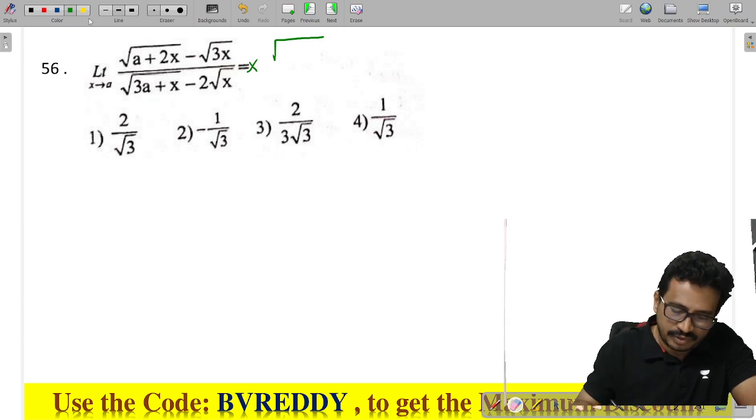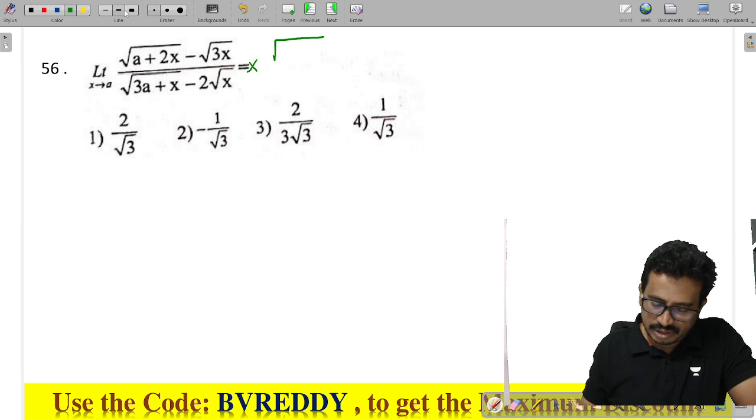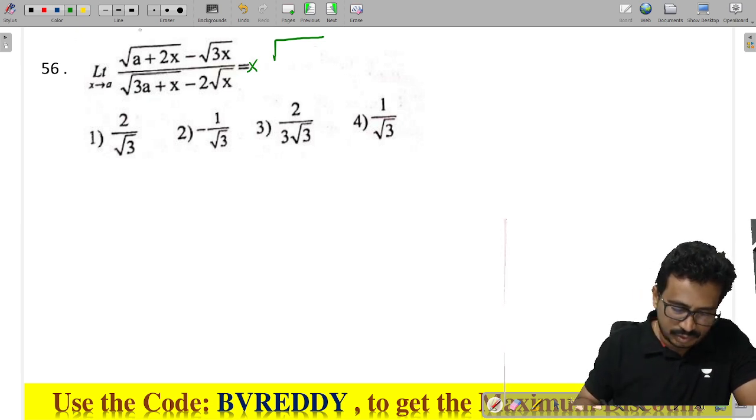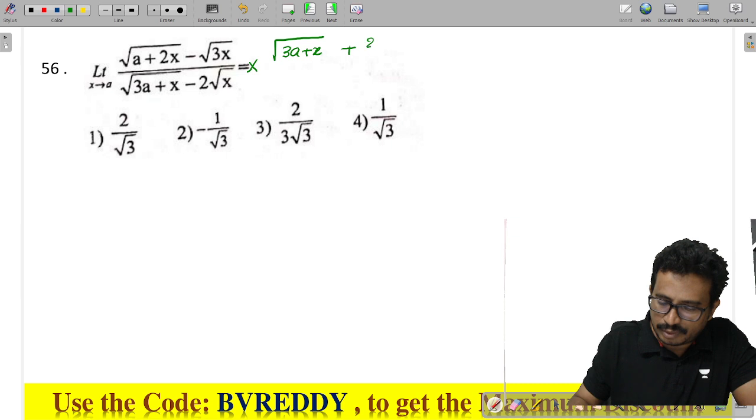Or we can go for L'Hospital's rule also. So here, if you rationalize, it will be difficult. So if I rationalize this thing here, you can see now plus 2 into root x by, so this is 3a plus x plus 2 root x.